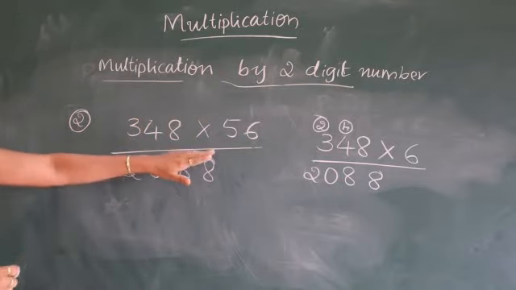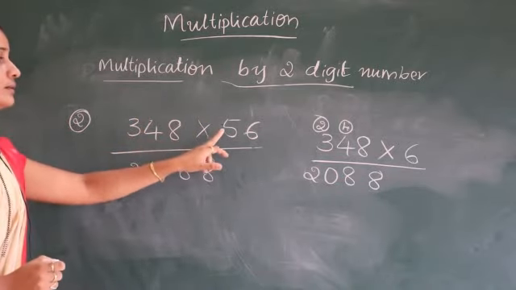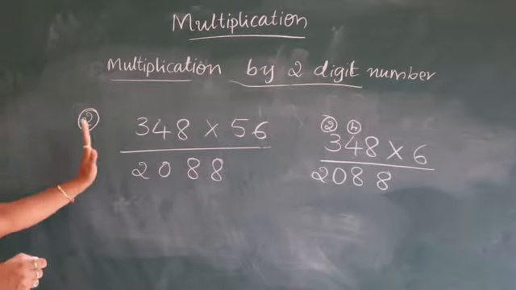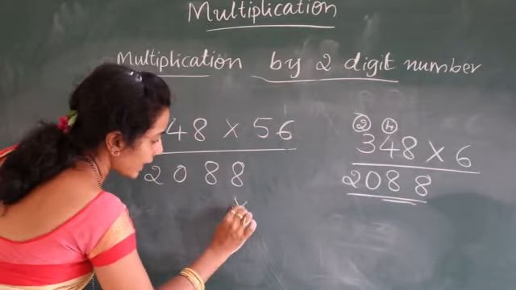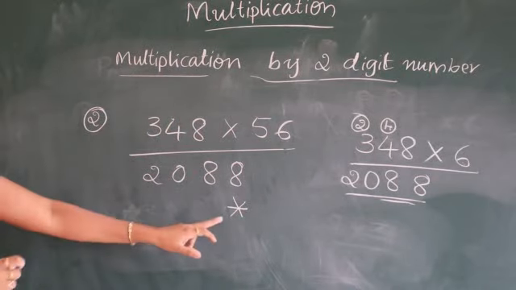Now the next step, I am going to multiply from the tens place. So when I multiply from the tens place, my answer should not be in the unit place.